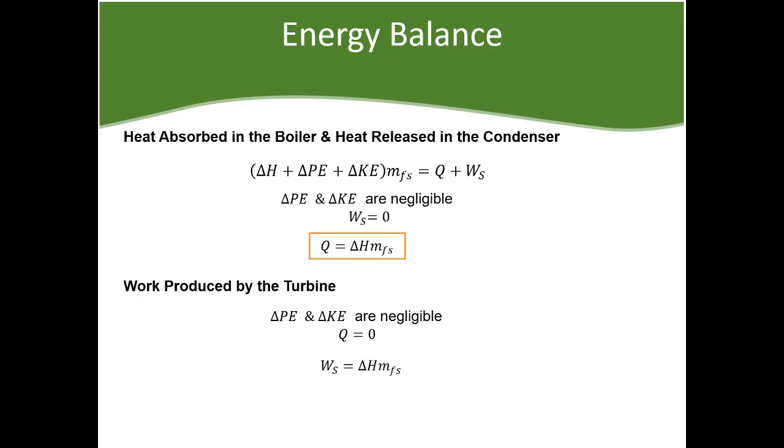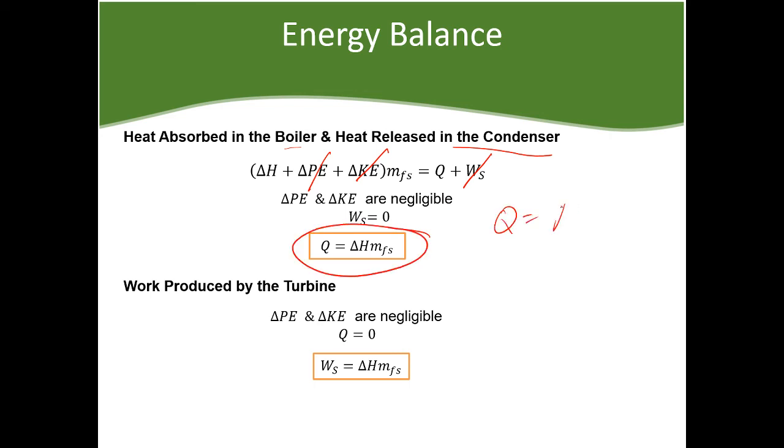If we do an energy balance, okay, in the boiler and condenser, assuming delta PE, delta KE is 0, wala tayong moving parts, and then assuming na, ayan, so sa boiler and condenser, ito yung working equation natin.